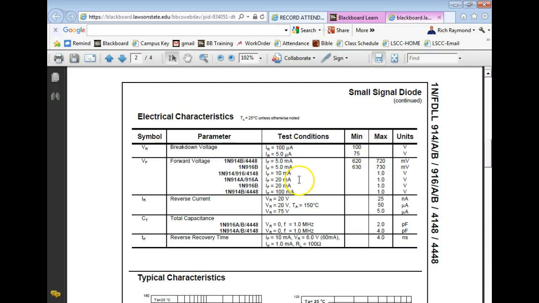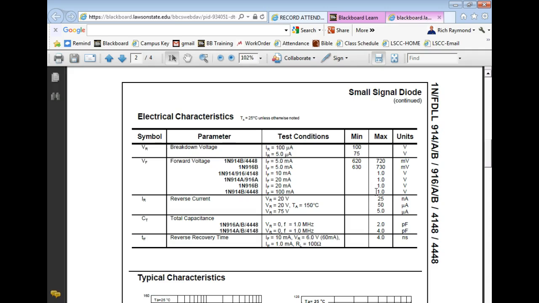All the way up to 100 milliamps, which is what the diode is rated at, it's going to drop about 1 volt. So notice it's still close to 700 millivolts. So we're going to use 700 millivolts when we do our calculations because it's always going to be close. And we'll talk about that in a minute.